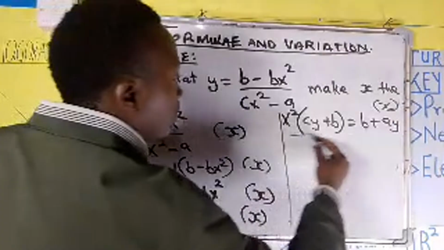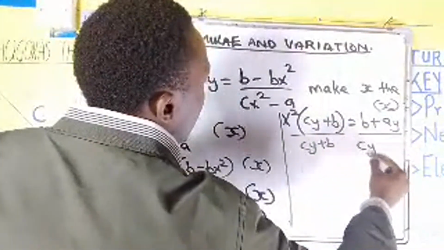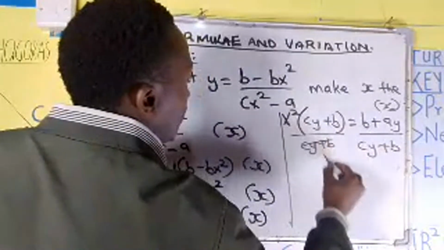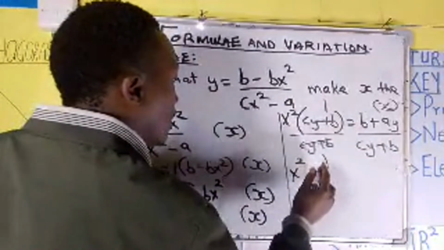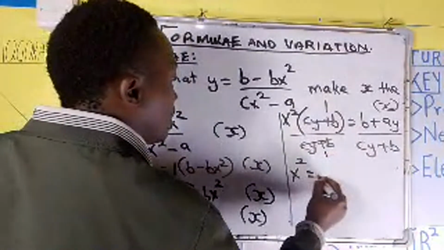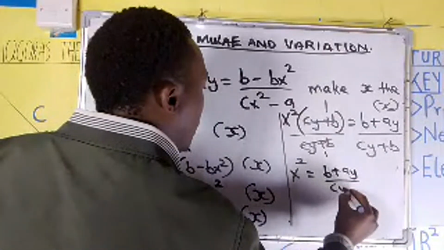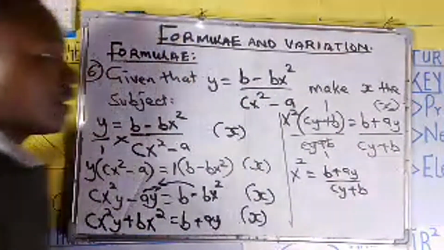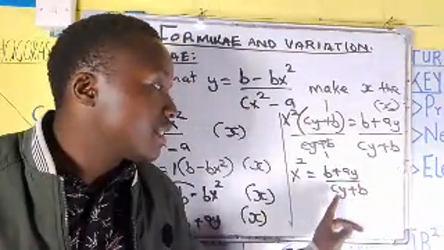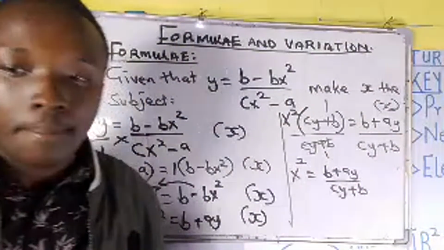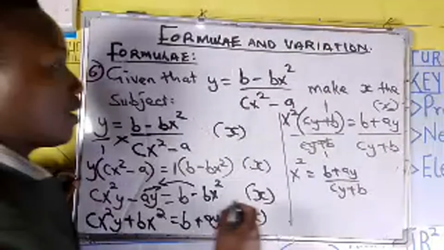So we are going to divide both sides by cy plus b. And once we divide both sides, we are going to get h squared is equal to b plus ay over cy plus b. But since we want to make h the subject, not h squared, we are going to find h.